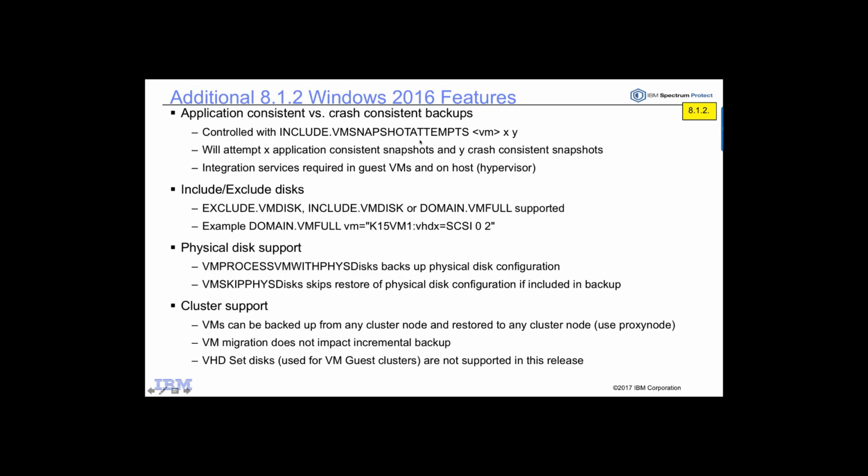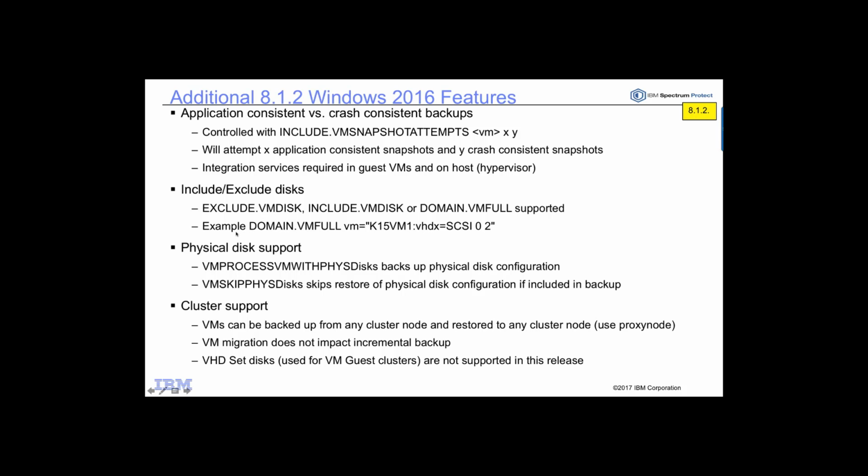So basically, when you set this, you set up X application consistent snapshots, and then it will try Y crash consistent snapshots before doing a backup. Now, in order to use this feature, you do require integration services be installed in the guest VM and also on the host hypervisor.